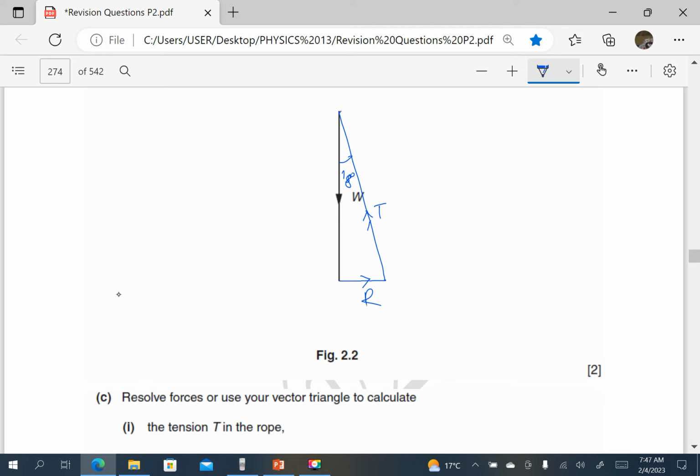Maybe 1 centimeter to represent 100 newtons, so that 520 will be 5.2 centimeters. But I'll resolve because resolving is very easy.